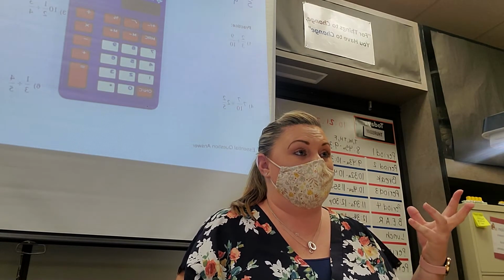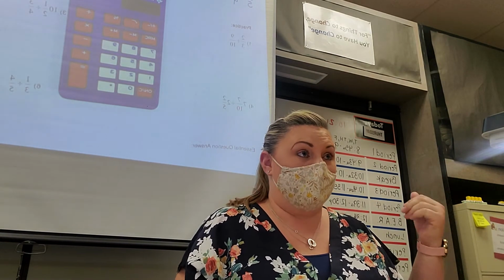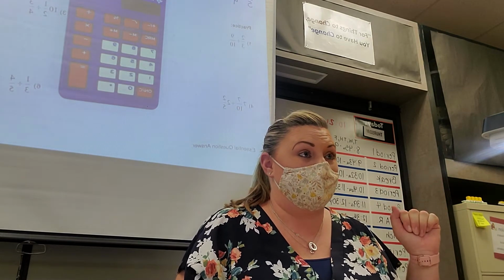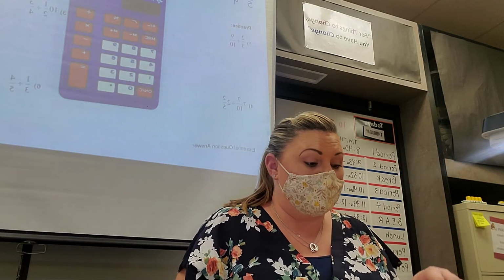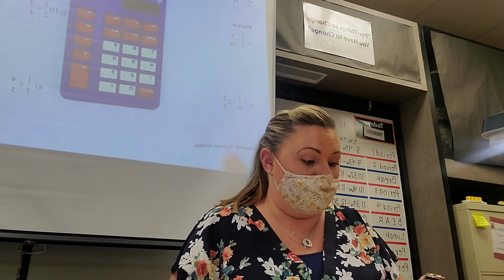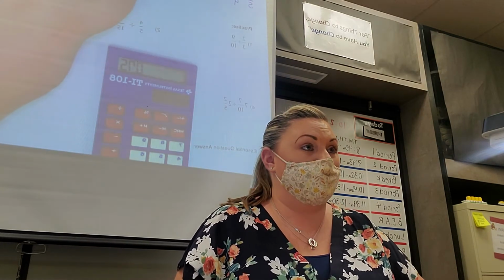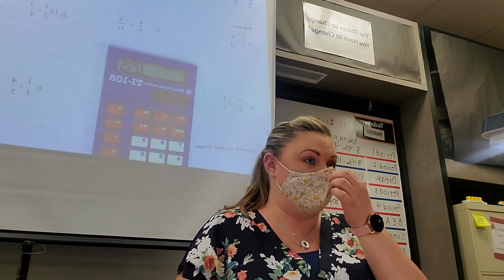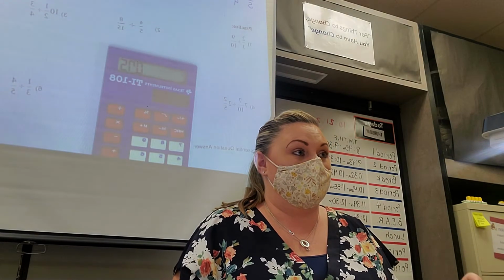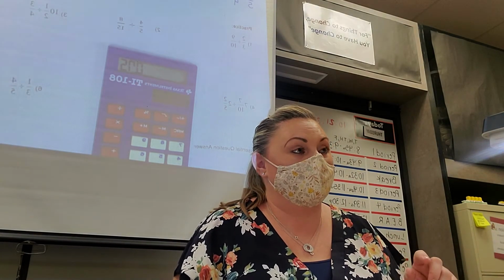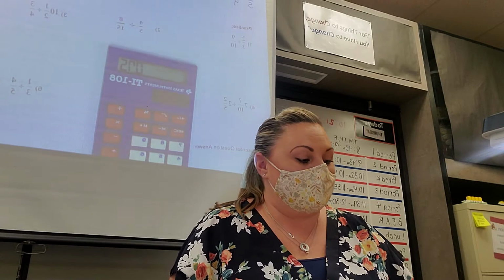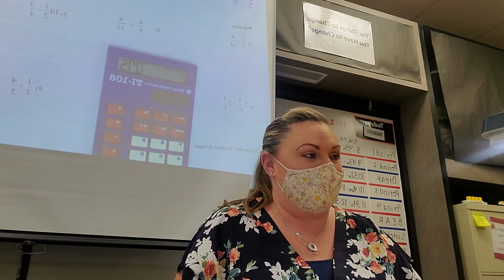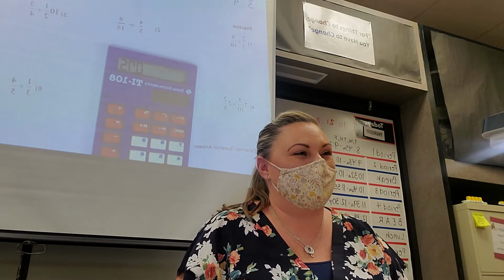How much do we have? 75. Thank you. Okay, if we had 4 of them, how much? $1. Yeah. So when we divide 3 by 4, we get 0.75. Okay? So let's say we're dividing. Does that make sense? Can we do that?